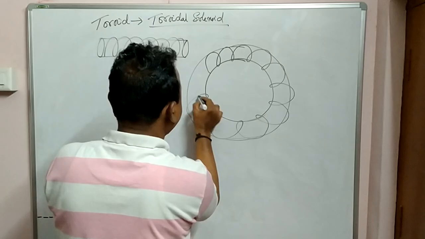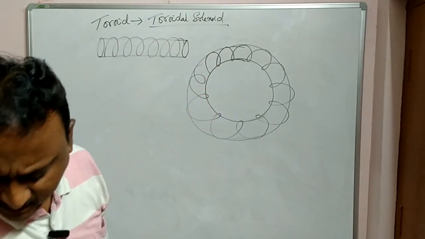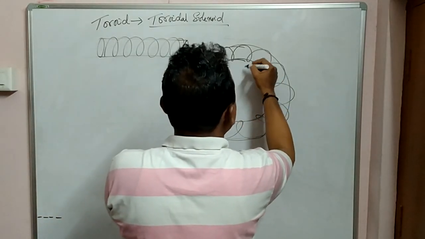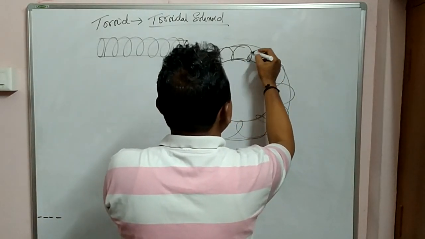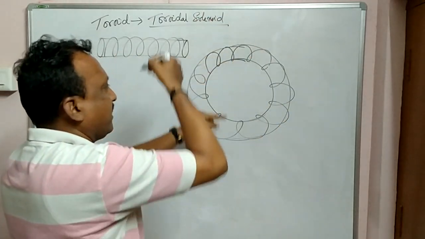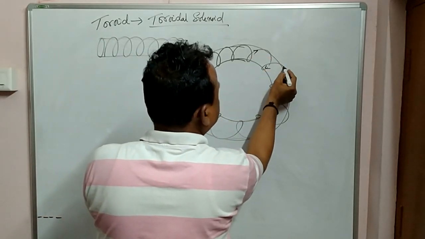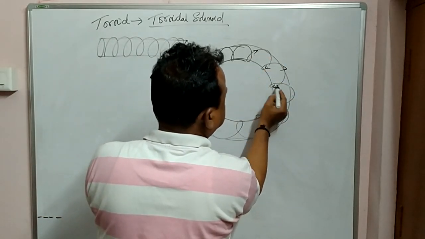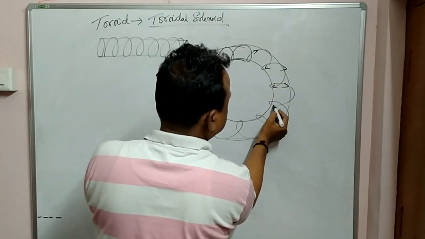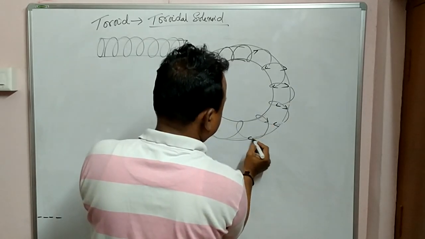It is slightly different from the solenoid. The current will be going in and coming out. Current goes in, comes out, goes in, comes out, like this.